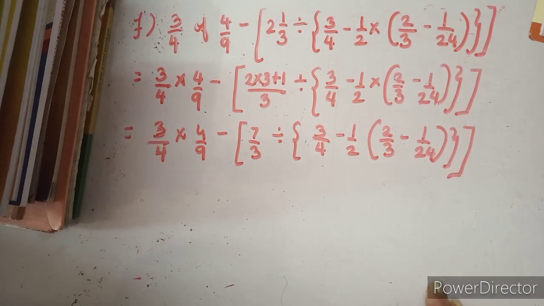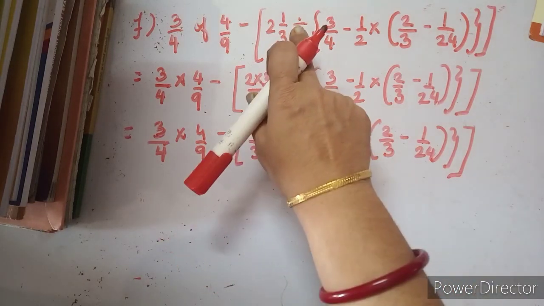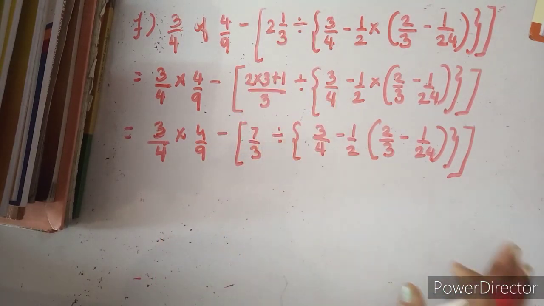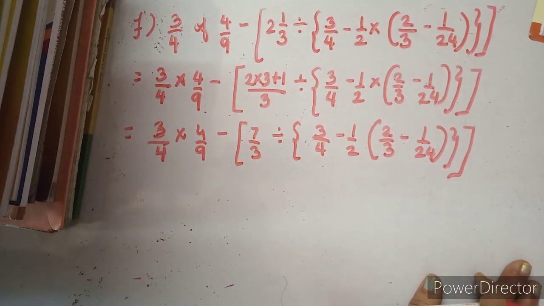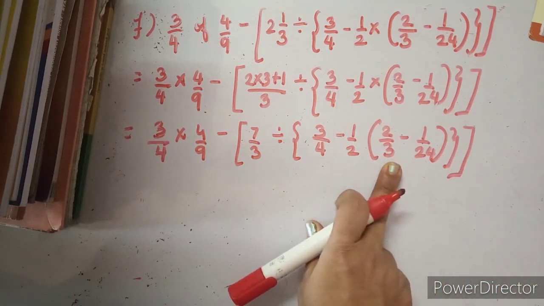Now you can see that I have converted the mixed fraction into the improper fraction. So now I will start doing the calculation from your first bracket.